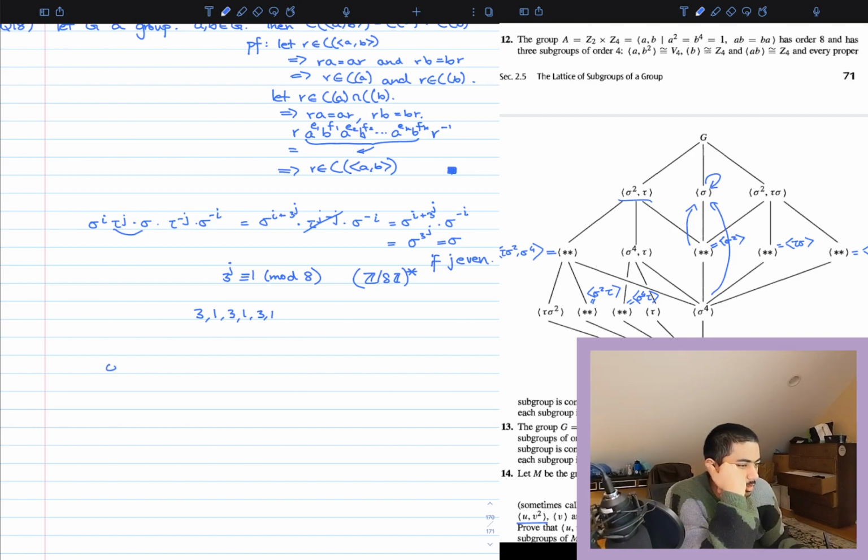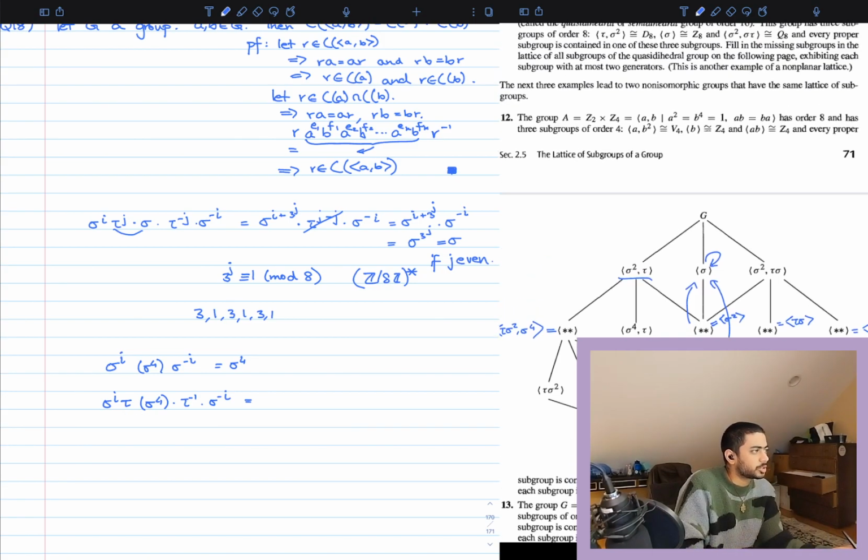So let's see when we have sigma to the i composed. This is obviously just going to be sigma to the 4, because it's i plus 4 minus i, which is just 4. On the other hand, what happens if we have sigma to the i times tau times sigma to the 4 times tau inverse times sigma to the negative i? This time we only need to swap once.